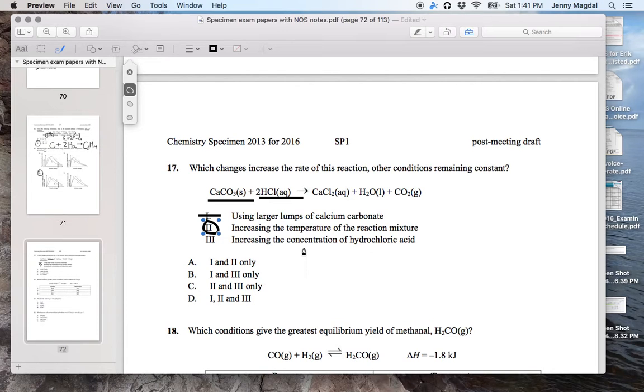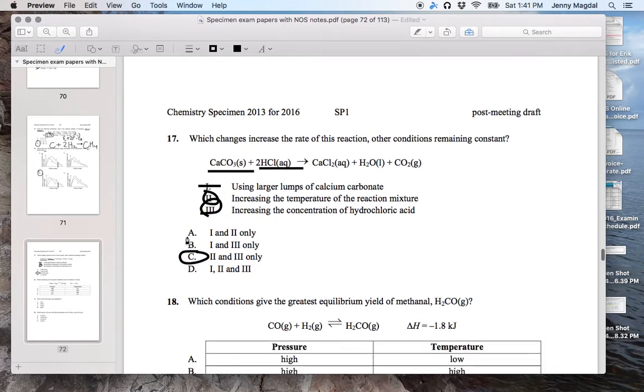That's kind of like my surface area. It's increasing the amount of particles that are available to react. And since it's creating more that can react, that should be a good answer as well. So both 2 and 3 should be correct, which means C is my correct answer.